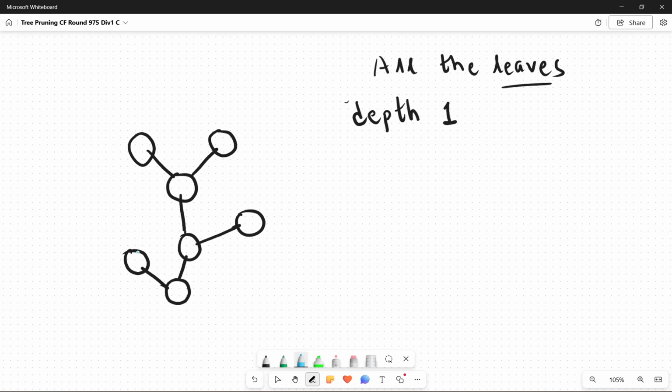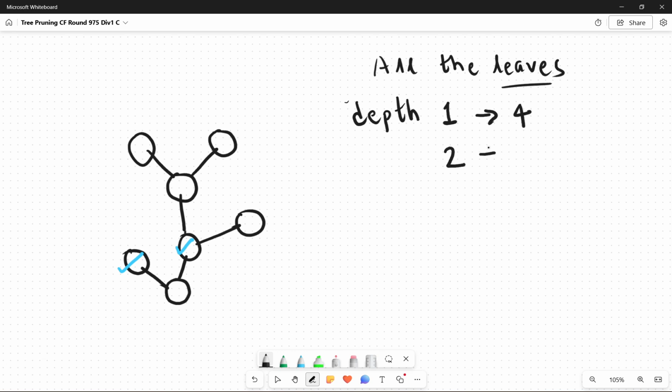So basically I want these two nodes as leaves, and now I want to remove this edge and this vertex, this edge, this vertex, this edge, and this vertex. So how many edges do I need to remove? 1, 2, 3, and 4. Or how many vertices do I need to remove? 4. So for depth equal to 1, your answer is going to be 4.